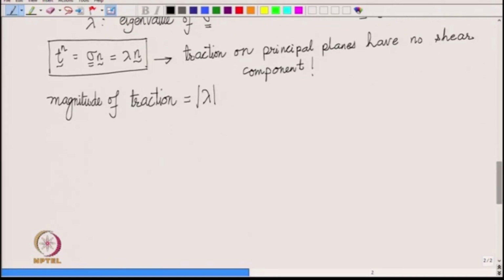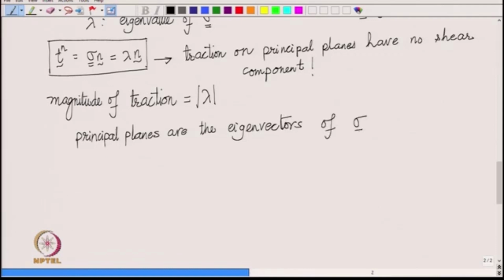Okay, so, what is the final message? That the principal planes are the eigenvectors of sigma. Okay, basically I should say normal to principal planes.